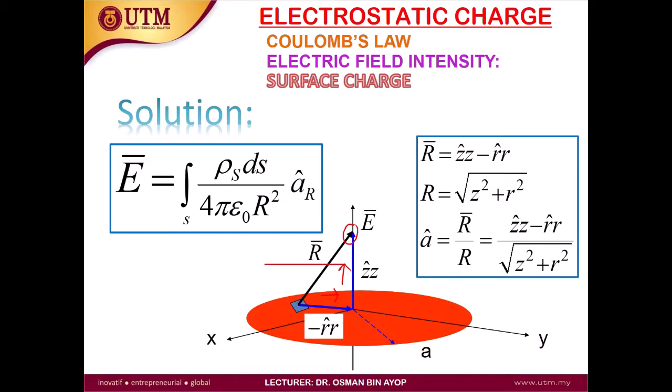And then write down all the related information, because we know here vector R equals z a_z minus r a_r, because this is negative, and the magnitude is square root of z squared plus r squared. And the unit vector, because you want to find the unit vector a_R, is equal to vector R divided by its magnitude, so z a_z minus r a_r divided by the square root of z squared plus r squared.